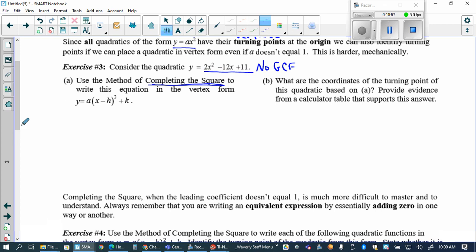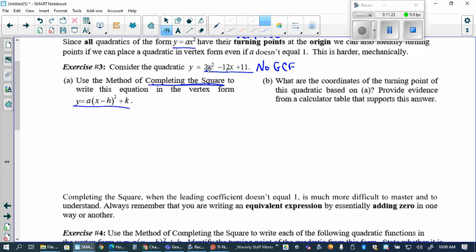So they want us to put it in vertex form by completing the square, right? Okay. Is there a GCF in these first two terms? What would it be? Well, 2x, but I want to leave the x in there. All I want to do is factor something out of these first two terms that leaves me a 1 in front of the x squared, right?